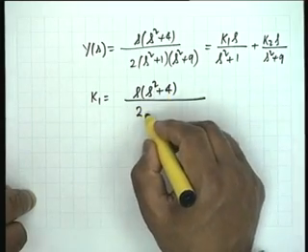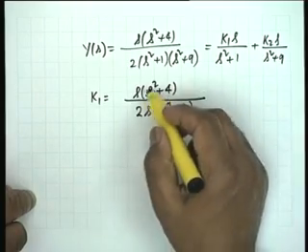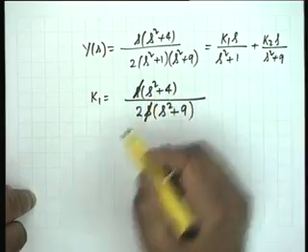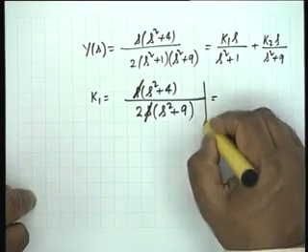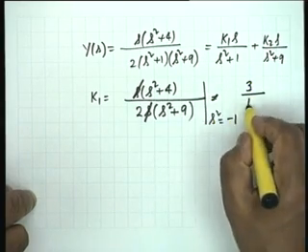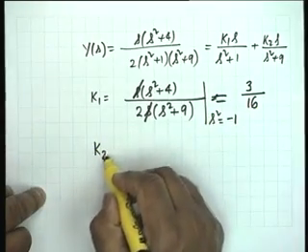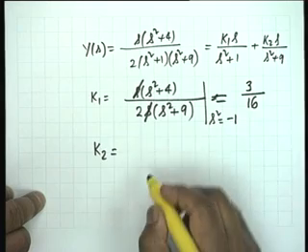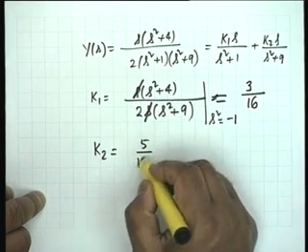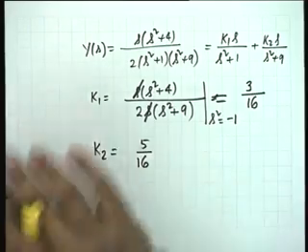This would be twice s times s square plus 9, under the condition s square equal to minus 1. So 3 by 16, that is correct. K1 is 3 by 16 and K2 is 5 by 16. Minus 9 plus 1, 5 by 16.